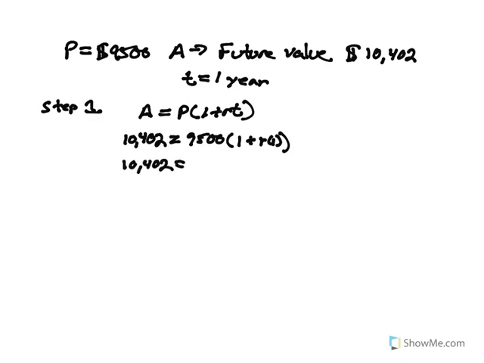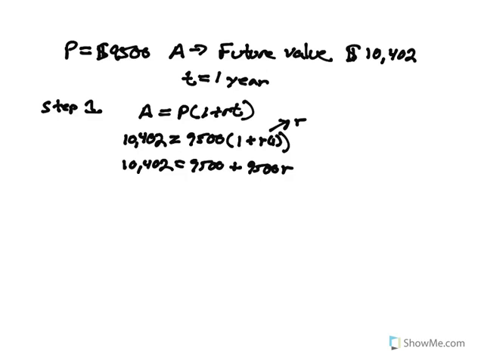Let's simplify this. 9,500 times 1 is just 9,500, plus 9,500 times R is 9,500R. 1 times R is R. So we use the distributive property.